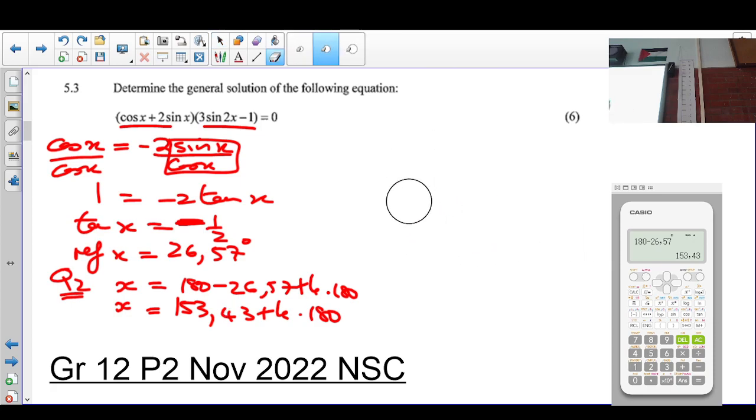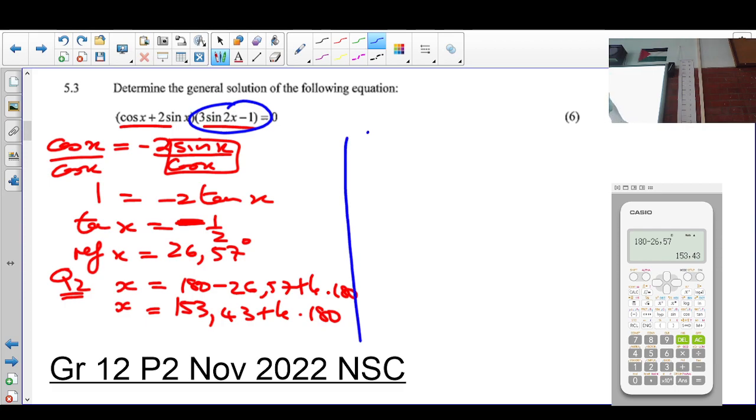On the other side, the other factor, we're going to say that 3 sine 2x is equal to 1, or 2 sine x minus 1 is equal to 0. Take it over the equal sign, becomes positive 1 divided by 3. So sine 2x is equal to a third.